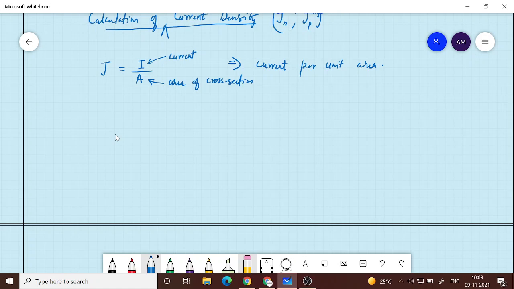Now current density is a convenient way of talking about current.